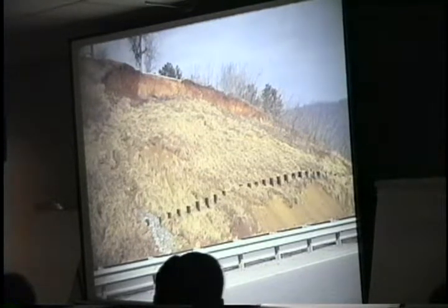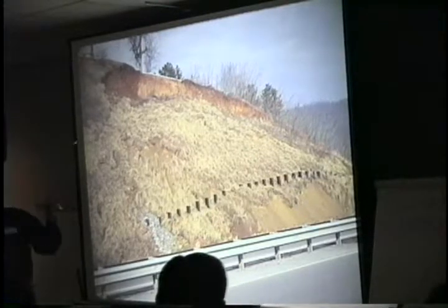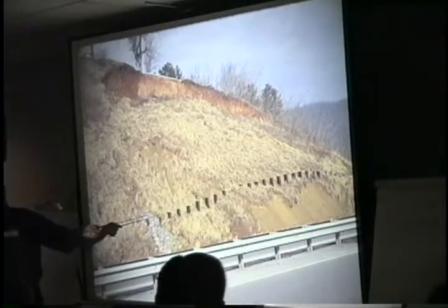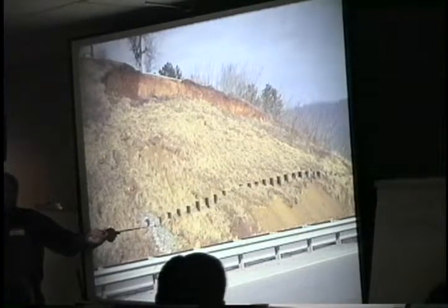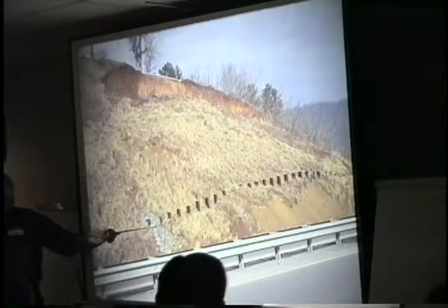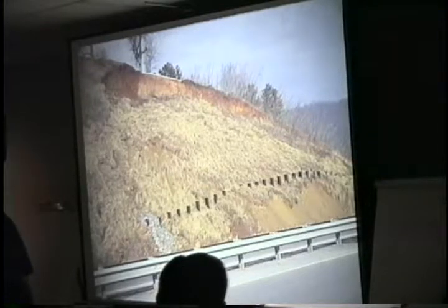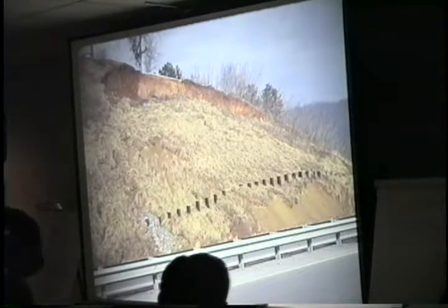Barry and I are going to show you all kinds of different kinds of soil failures. We're going to classify the different kinds of failures and show you some of the things that maintenance is doing out there that is not really working. We'll show you why driving a piling to try and correct a failure like this is really ineffective and just a waste of maintenance money.